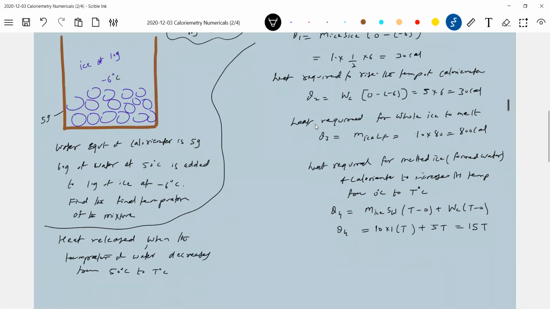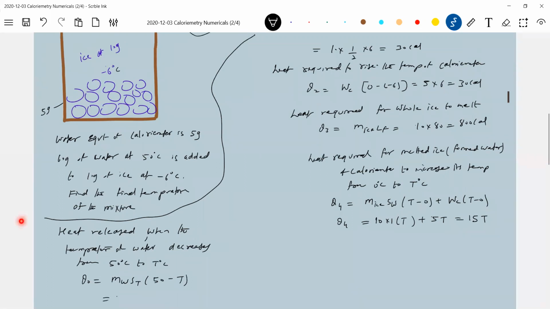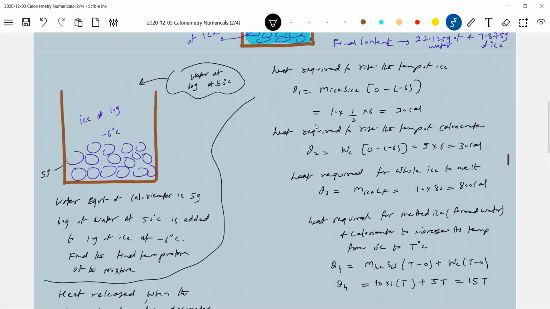This I will call Q naught. So what is the mass of water and specific heat of water? Heat released, so let me take initial minus final. Mass of water is 60 gram, specific heat of water 1.